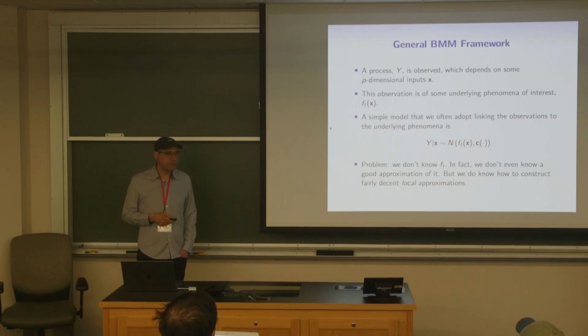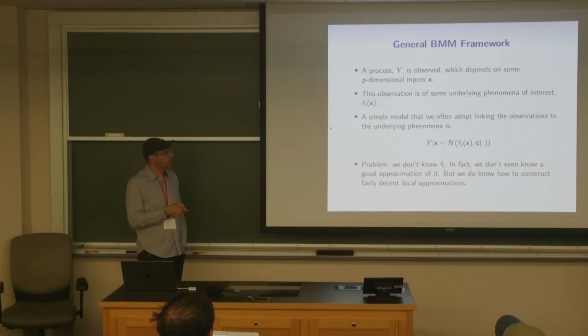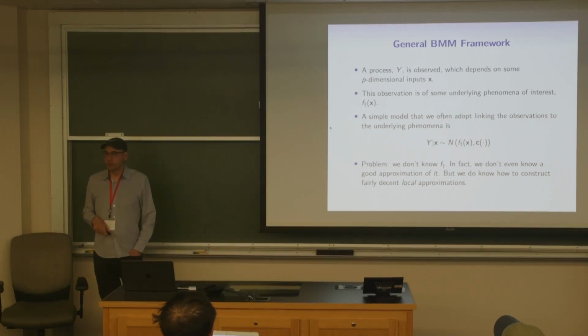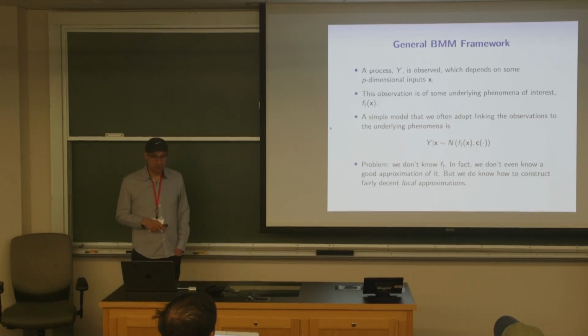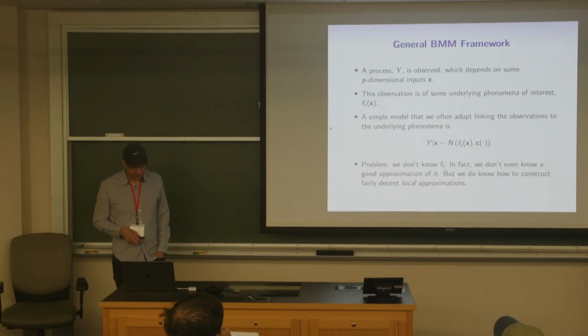A classic statistical approach is to embed this unknown f-dagger into a Gaussian observational data model. So the y's that you observe are re-centered at that f-dagger, and then there's some variance or variance-covariance model accounting for the unexplained portion of the signal that you observe.